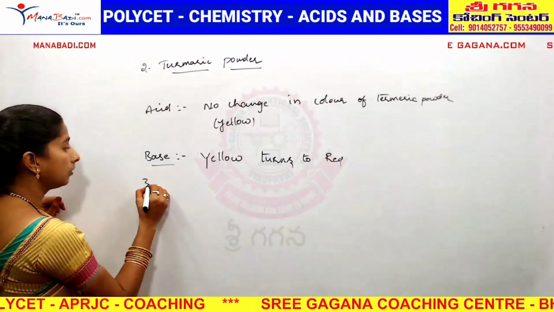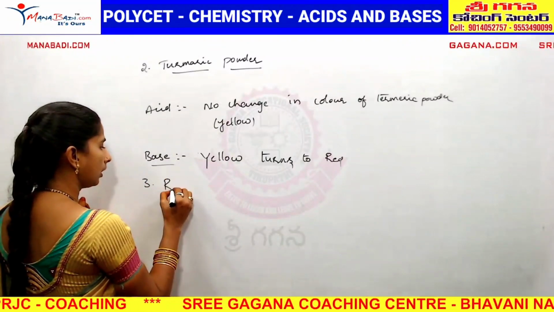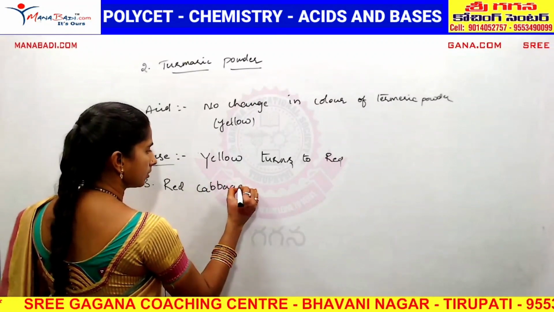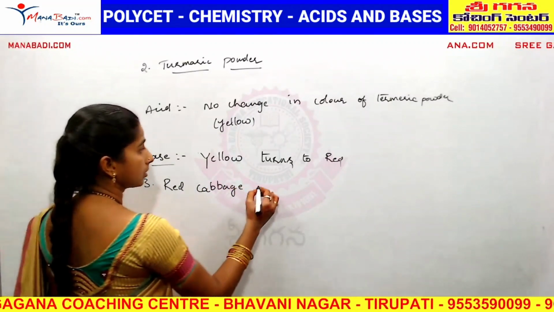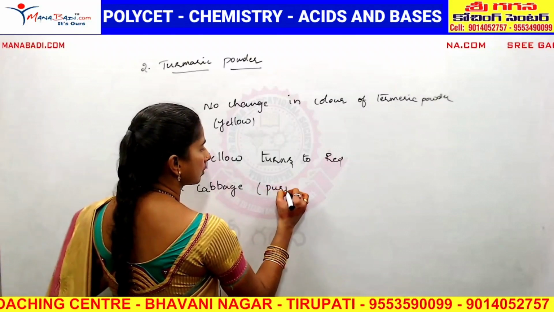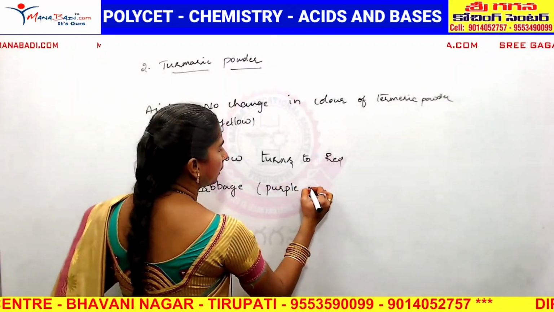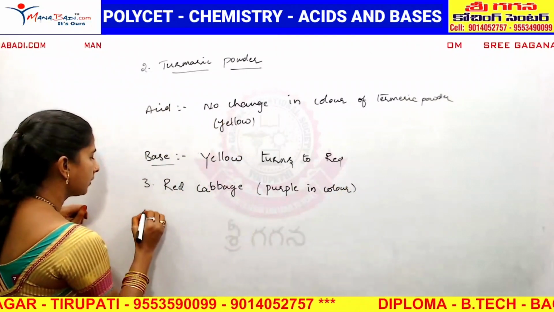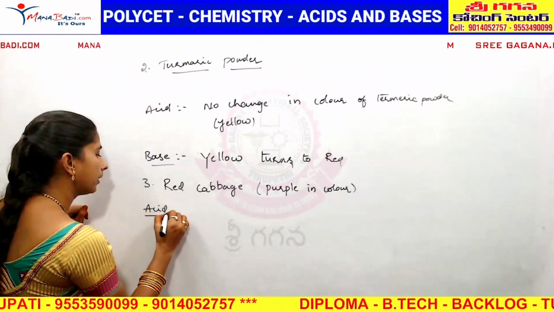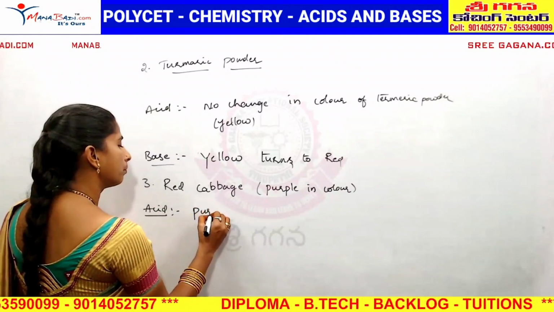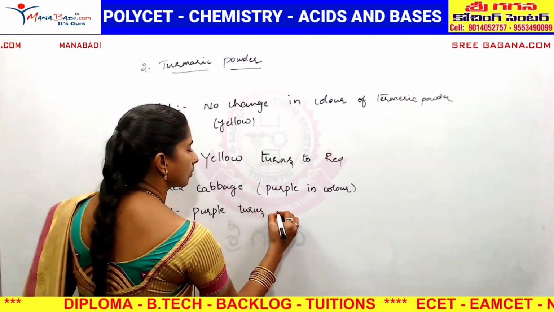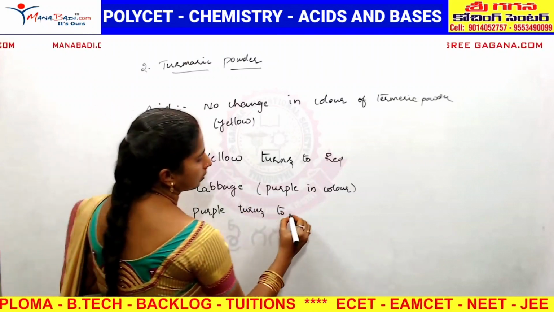After that, the third one is red cabbage. Red cabbage is actually purple in color. With acid, purple turns to red.